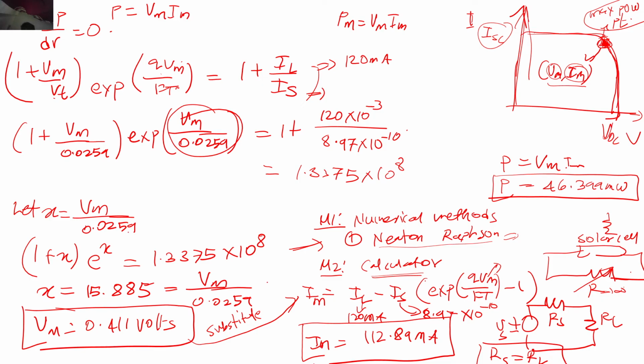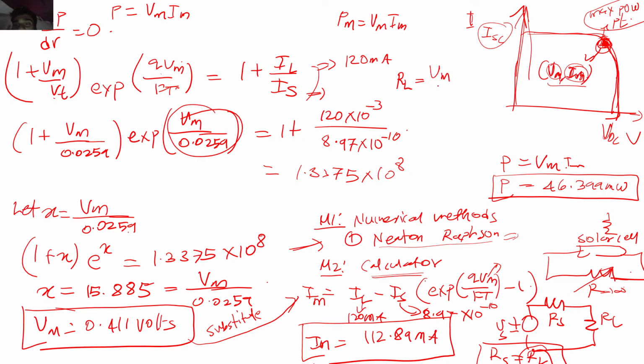Now what we are doing here is finding the value of RL. You can consider this solar cell as a source that is giving the power. This is what we have been studying: the solar cell accepts the light energy and gives you electricity. So if I look at this particular point, there is a Vm and there is an Im.